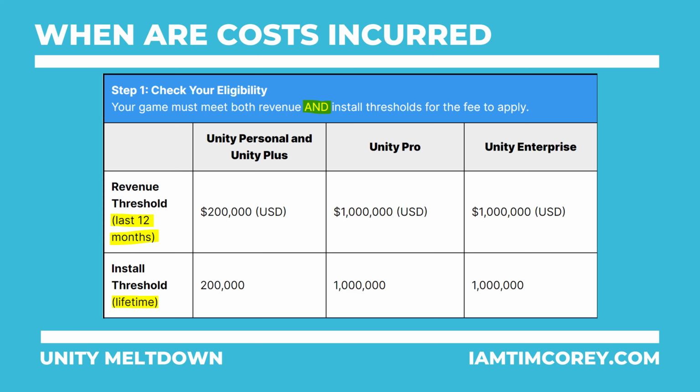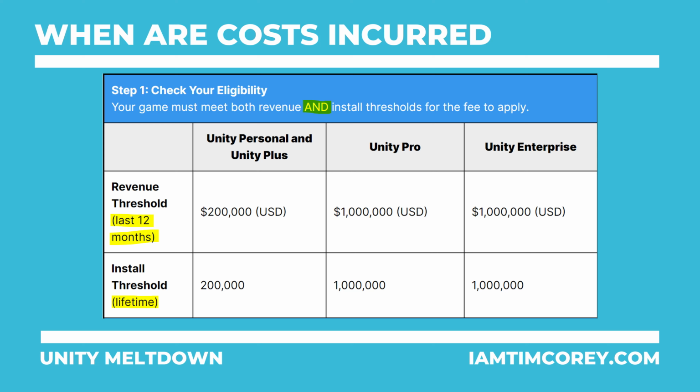So if you make $50,000 on game 1 and $50,000 on game 2 and $50,000 on game 3 and on game 4 and on game 5, you've made $250,000. But you do not qualify to be charged by Unity. It's only if one of those games makes $200,000 in the past 12 months, then only that game could be potentially eligible. Because there's this and.